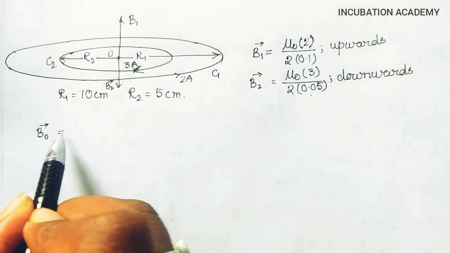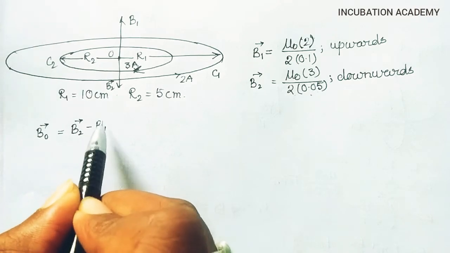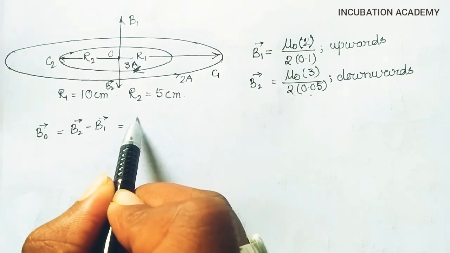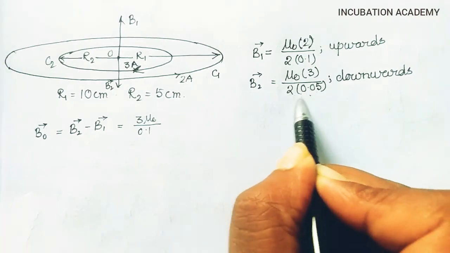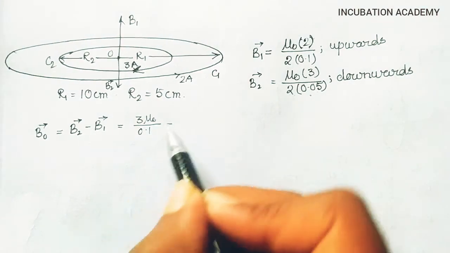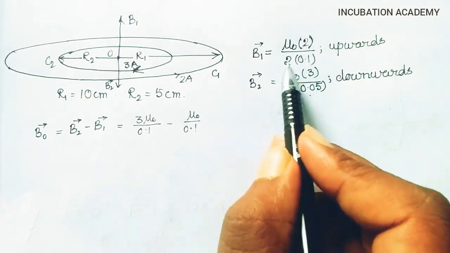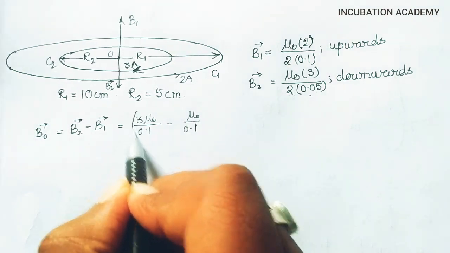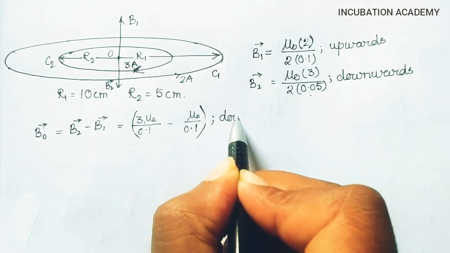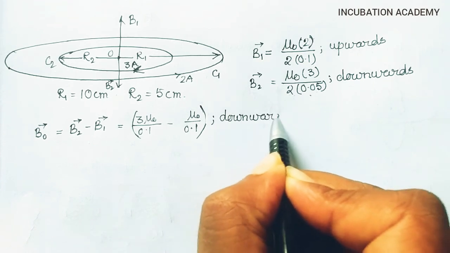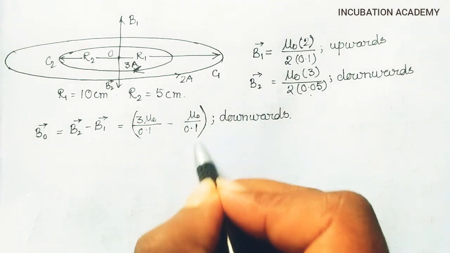So we can write BO equal to B2 vector minus B1 vector. We can write it like that: 3 mu naught divided by 0.1 minus mu naught divided by 0.1, where the 2 and 2 cancel out. So the direction of the magnetic field is in the downward direction.